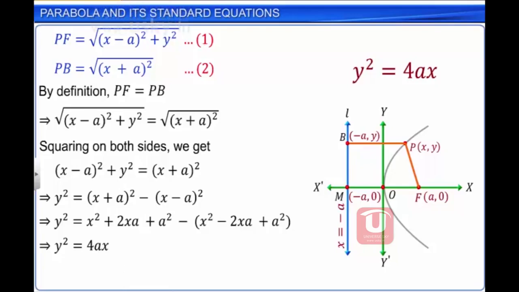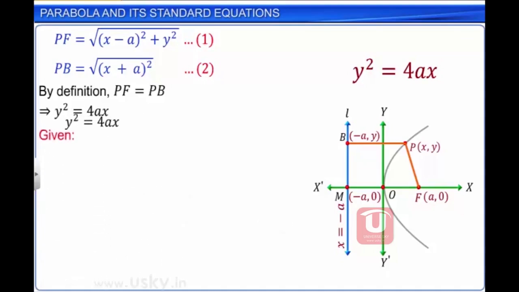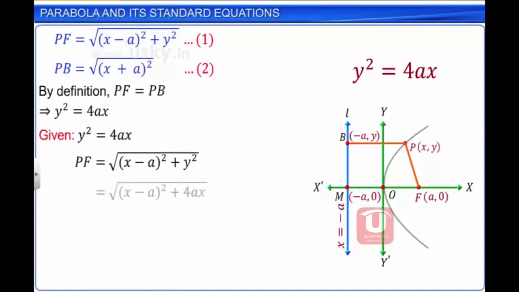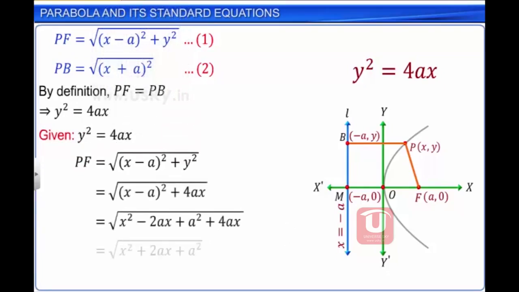Let us see if the coordinates of P as derived from the previous equation satisfy the geometrical condition stated in equation 1. Substituting the value of y square as 4ax in equation 1, we get PF is equal to PB. Thus, the geometrical condition is satisfied.